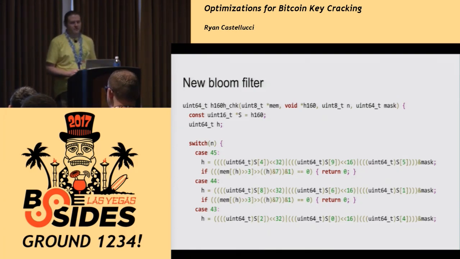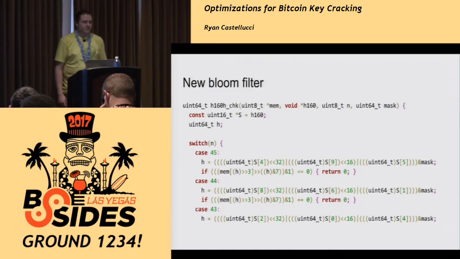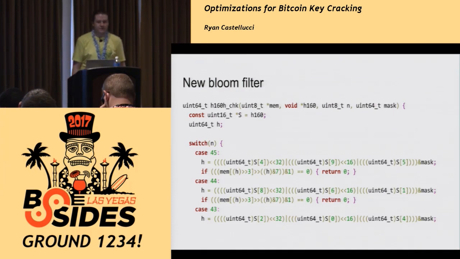I went through and found combinations of shorts, 16-bit values out of the hash value, that I could combine together into a 48-bit value. And the 48-bit value is nice because now I can use a bigger Bloom filter, and as long as the Bloom filter is still a power of 2, all I have to do is AND mask out the extra bits that I don't want.